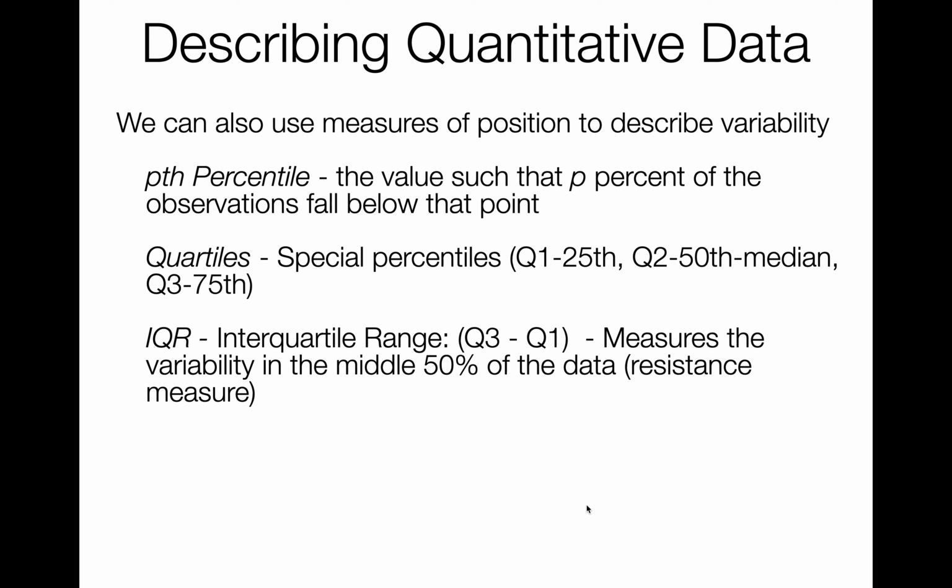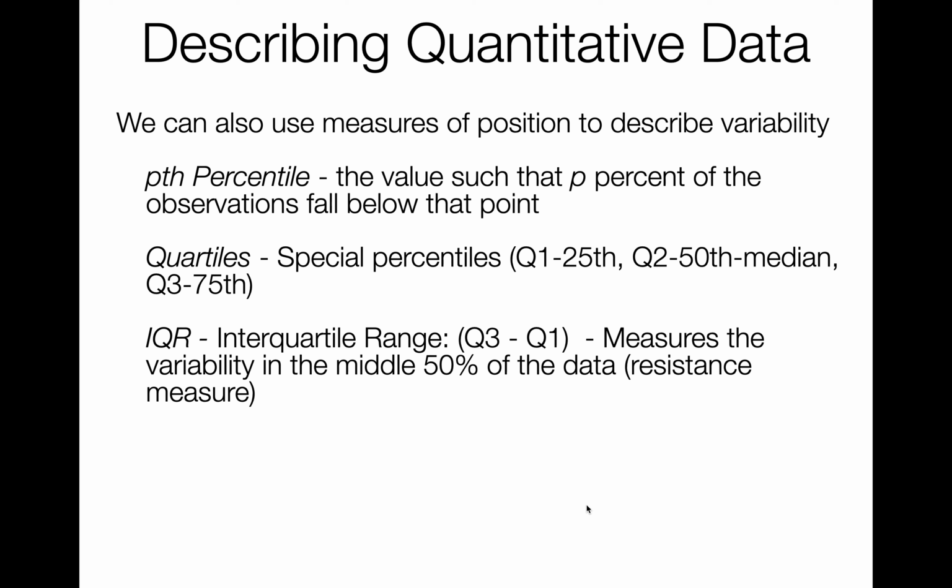Okay, so the interquartile range measures the variability in the middle 50% of the data. Okay, which is just what Q3 minus Q1 is in words. Okay, so the IQR gives you another measure of how spread out the data are.